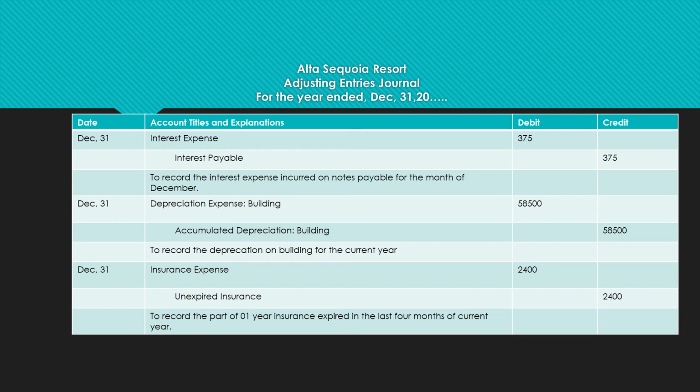Now, transaction E is an example of recording unrecorded costs or unrecorded expenses, adjusting entry. Now, company has borrowed a loan of 30,000 and the interest rate is 15% per year.